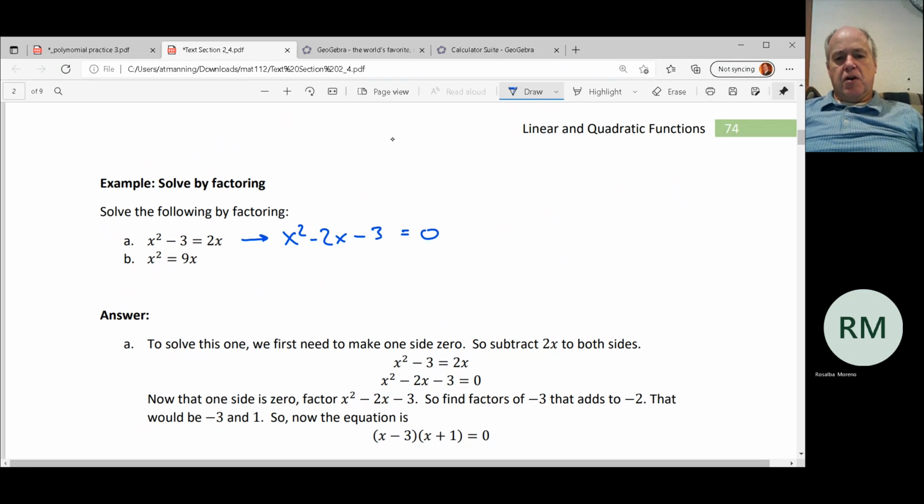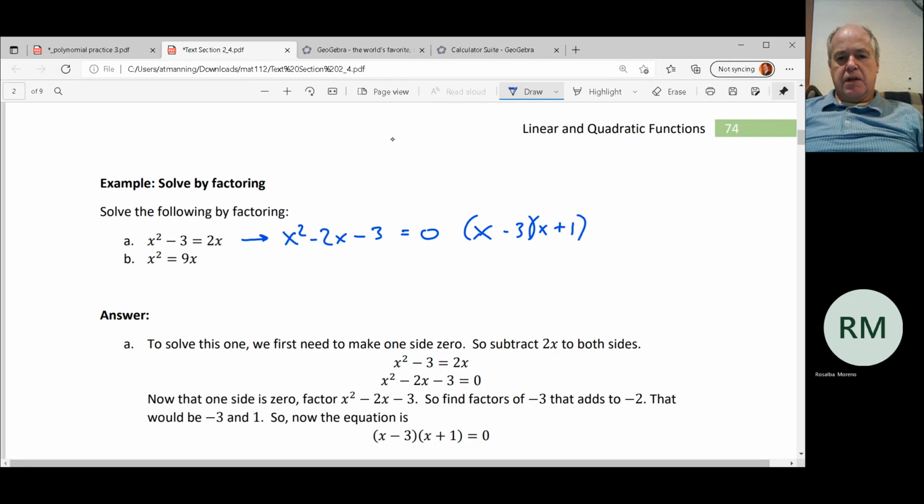Well, in order to know what two pieces could be equal to 0, I have to factor that. Two numbers multiplied give us negative 3, added give us negative 2. Well, I know that because I practiced my factoring, that's going to be x minus 3 times x plus 1. Multiplied give me negative 3.